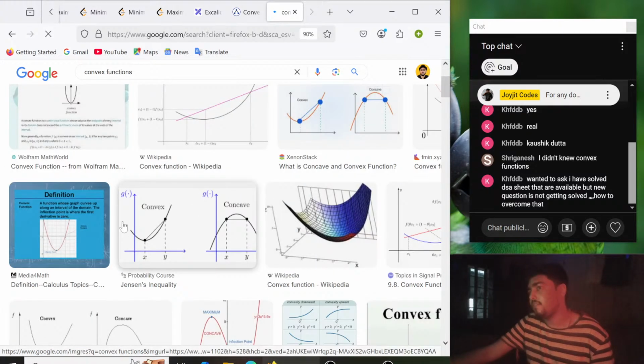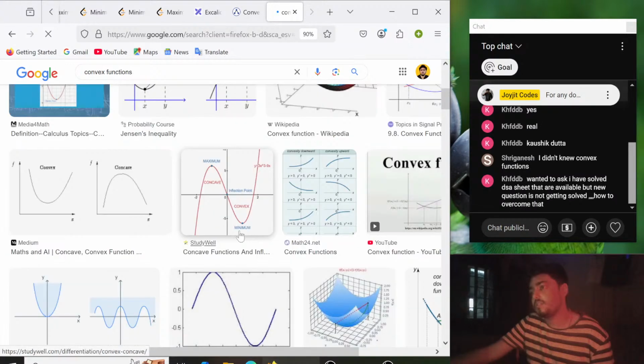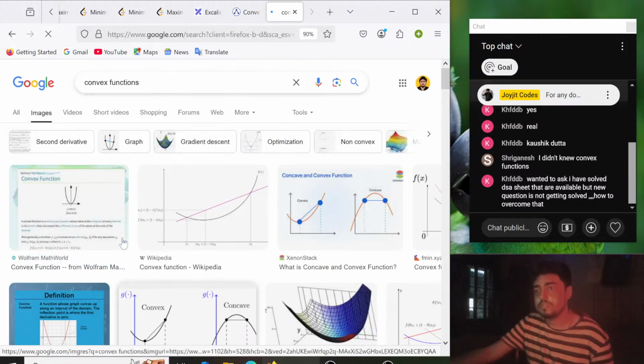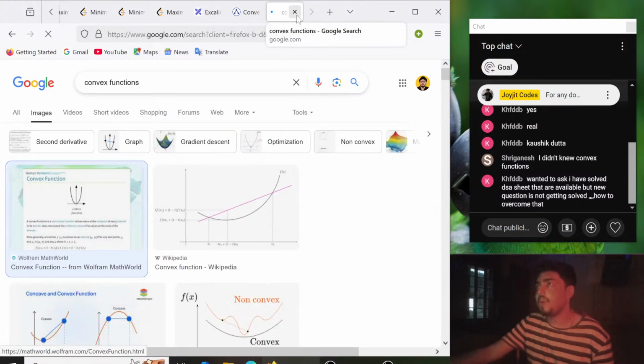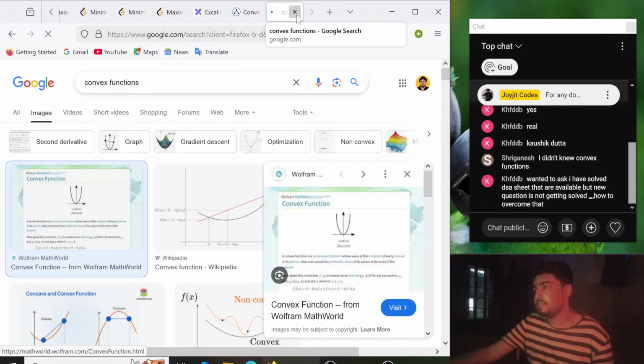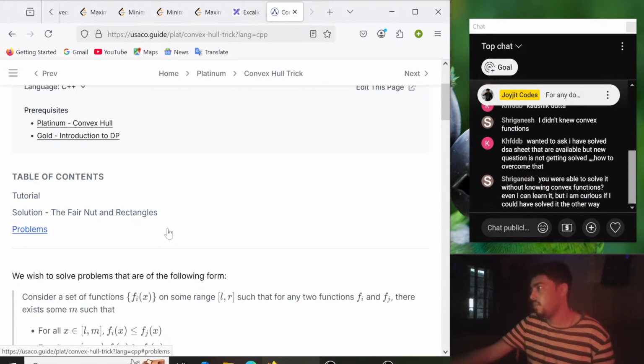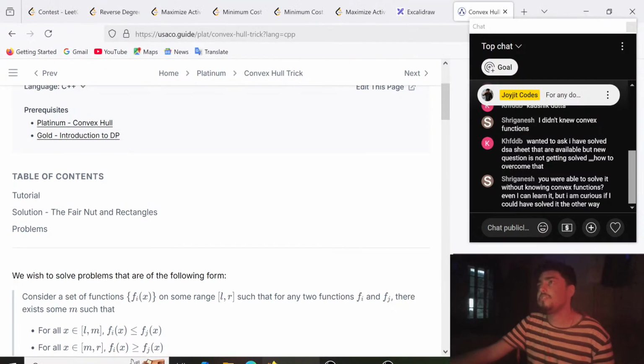Oh, this is a convex function, sorry, and this is a concave function. But I don't know about this convex hull trick. I don't know about it. No, no, I was just doing the normal thing.